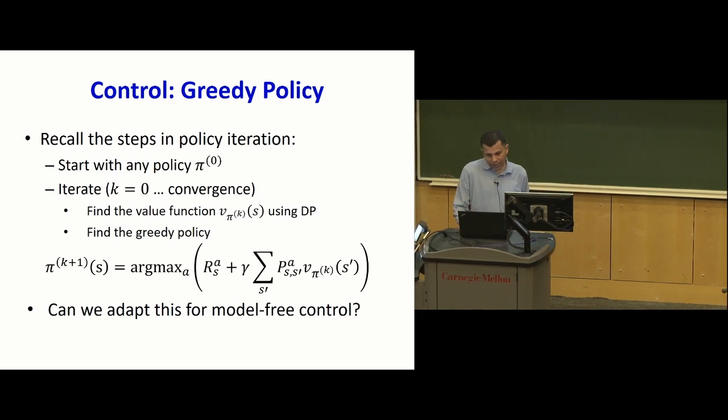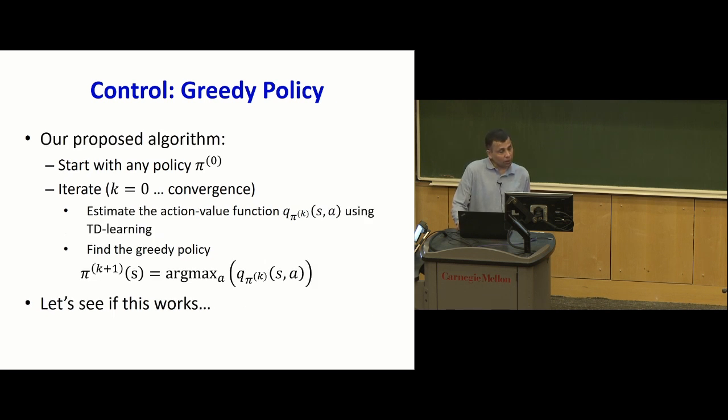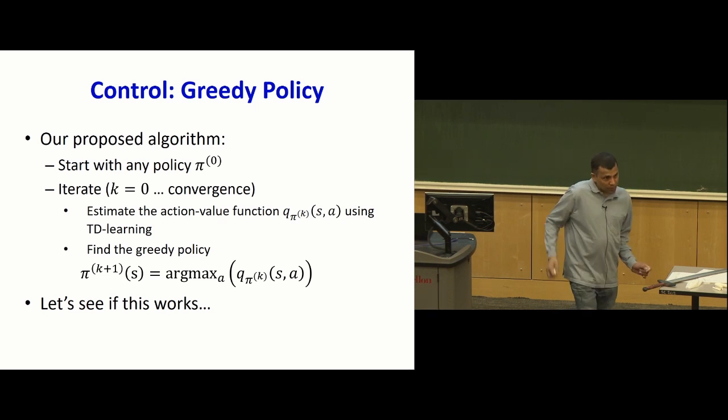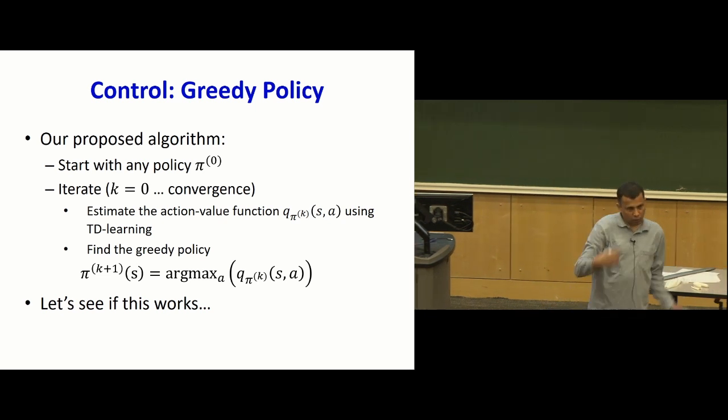So the question is, can we actually use this? Now, this was for the model-based formalism that we saw in previous classes. Can we do this for the model-free situation as well? Here is the suggestion: you start off with some policy and then let the world roll.